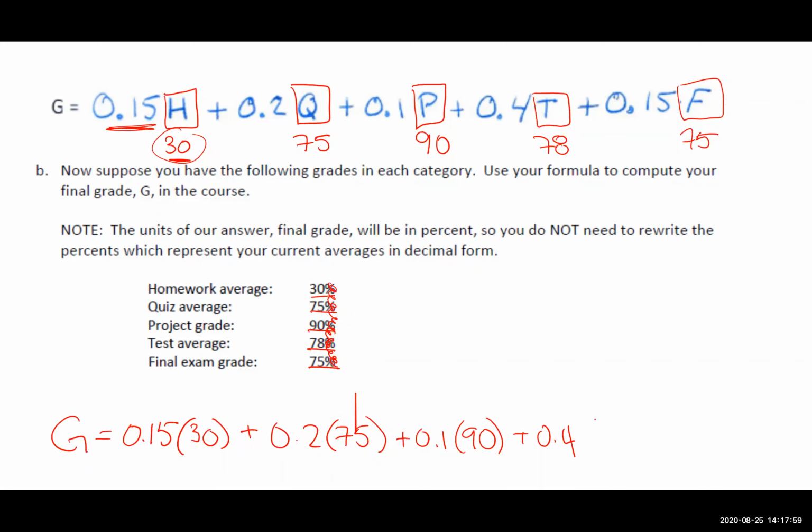So take a second and go ahead and plug these in. And what you should get is 70.95%. That's going to be a C.